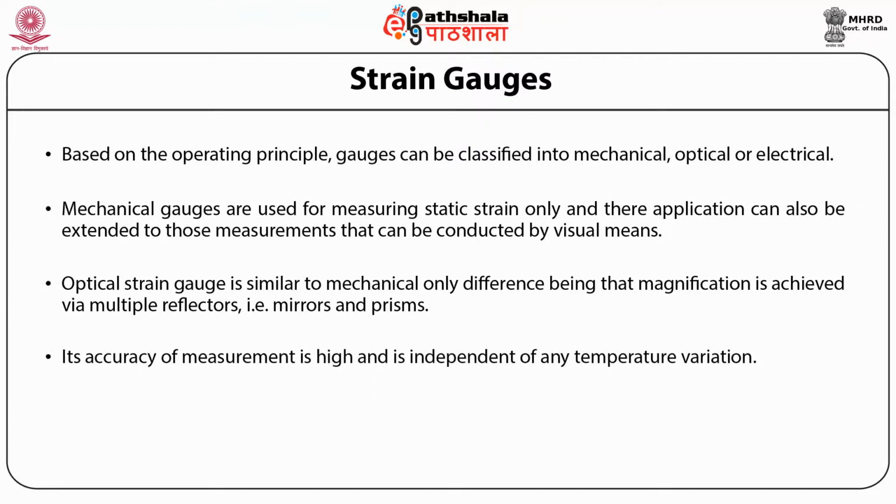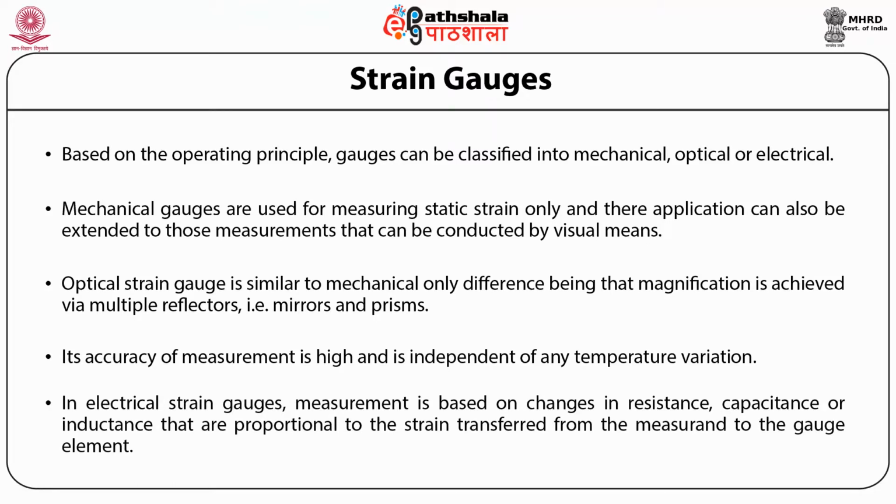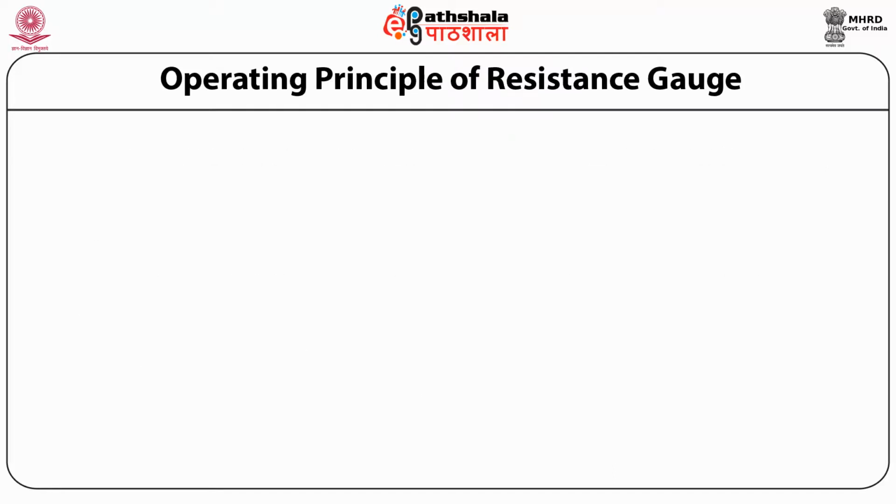Its accuracy of measurement is high and is independent of any temperature variation. In electrical strain gauges, measurement is based on changes in resistance, capacitance, or inductance that are proportional to the strain transferred from the measurand to the gauge element.